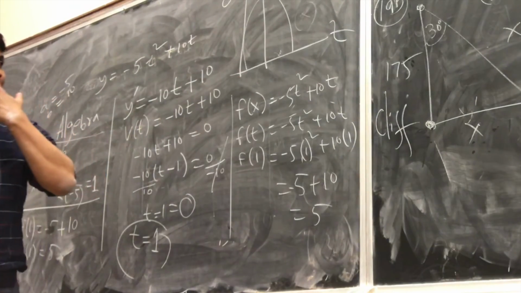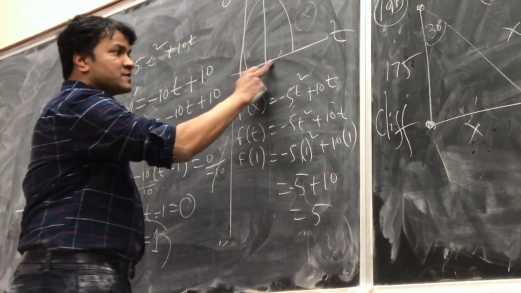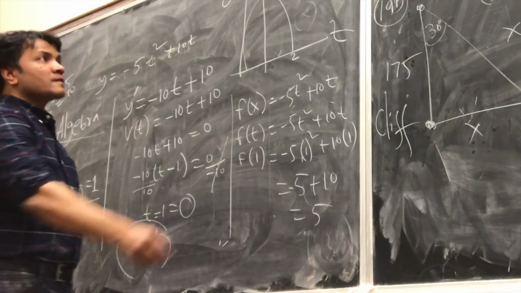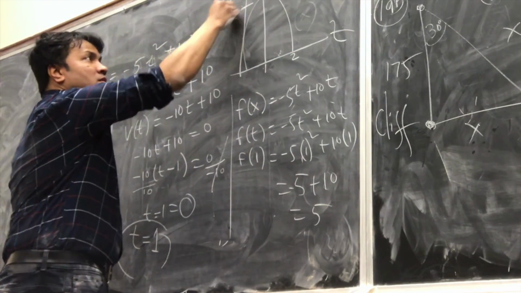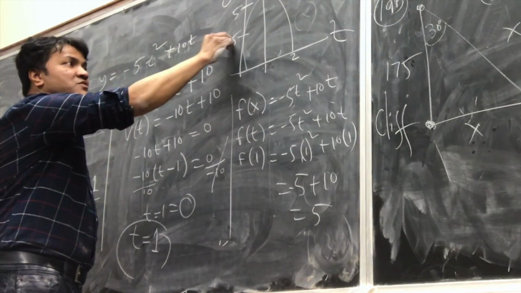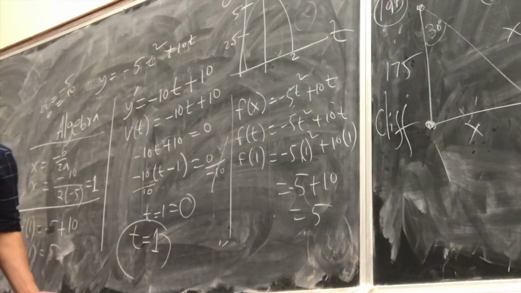If this is 1, this is 2, or 0, this is 5, and this is somewhere around 2.5. But you don't need to know that, though that's correct.